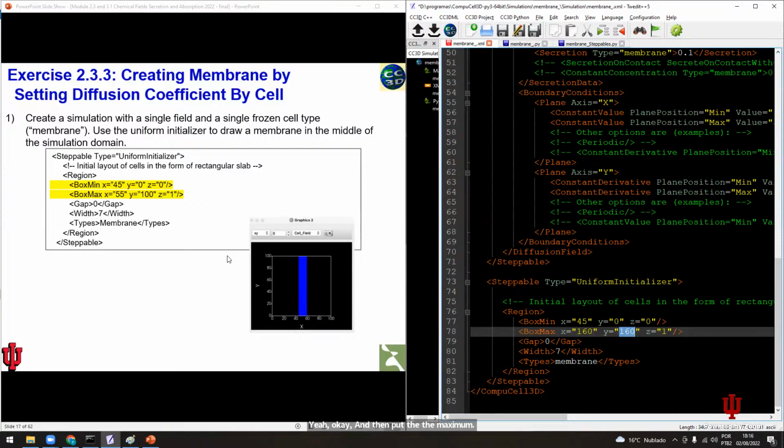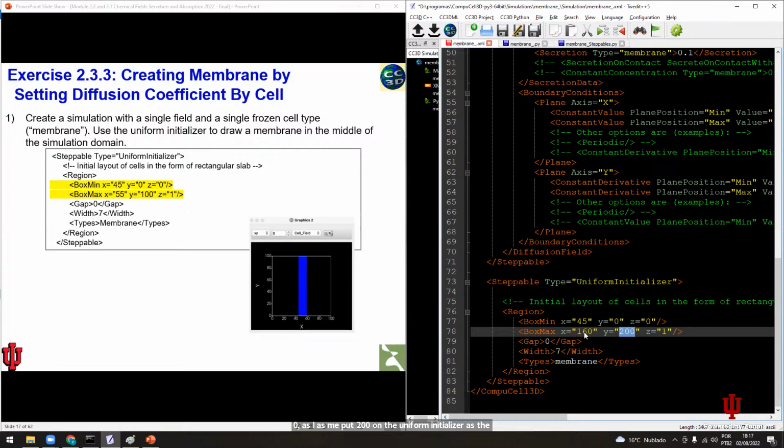So I made a mistake. I didn't notice in the slides it was 200 for the dimension, and here is 100 for the size, the maximum of the membrane. So if you set 200 like me, put 200 on the uniform initializer as the maximum for the y coordinate.